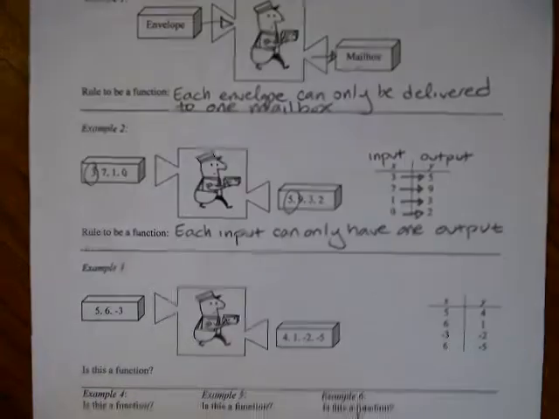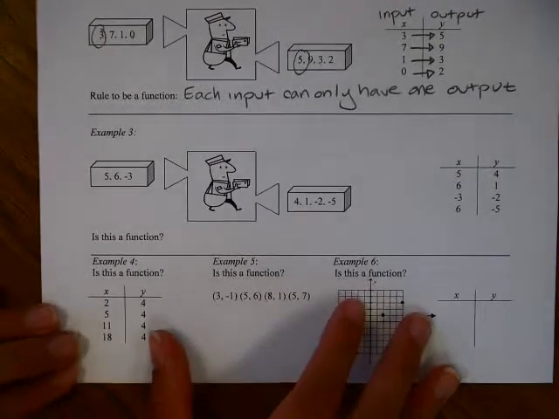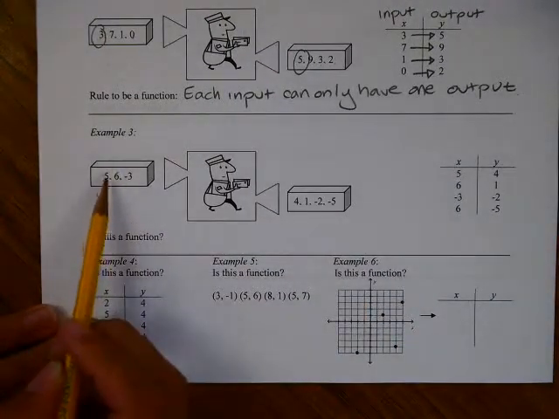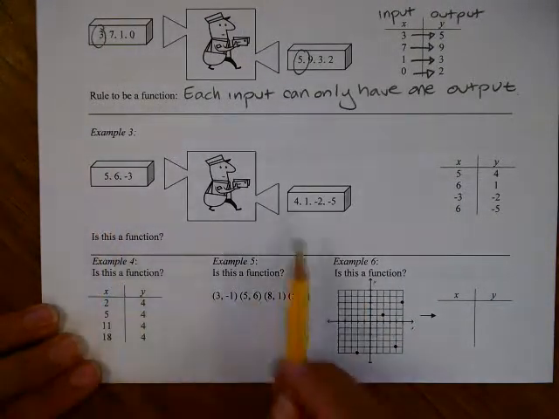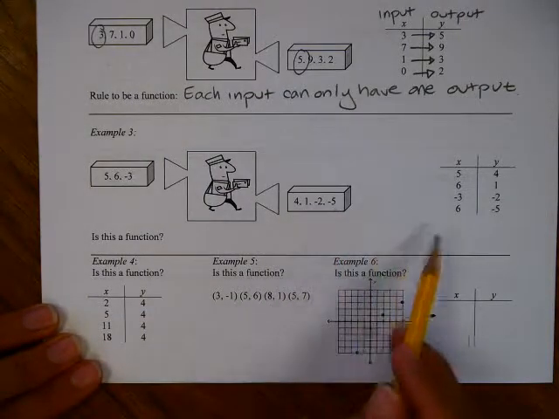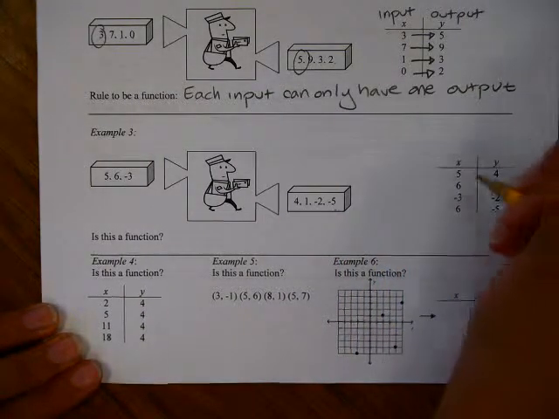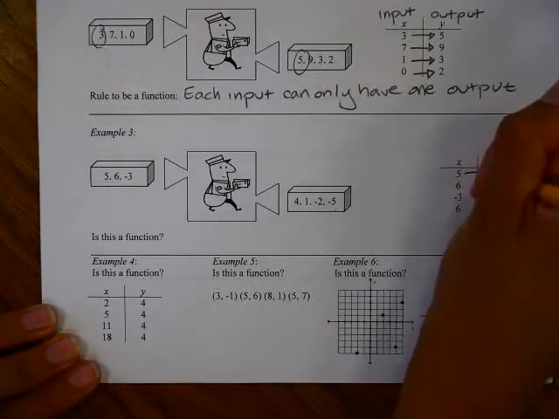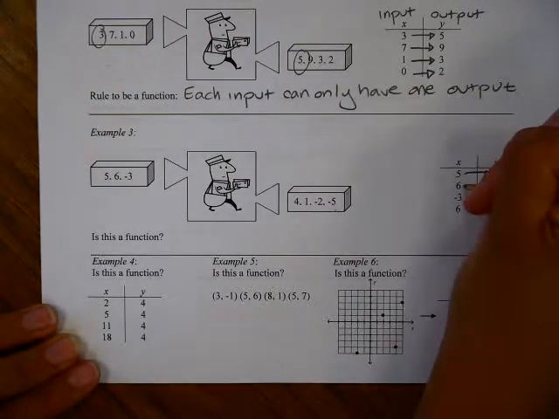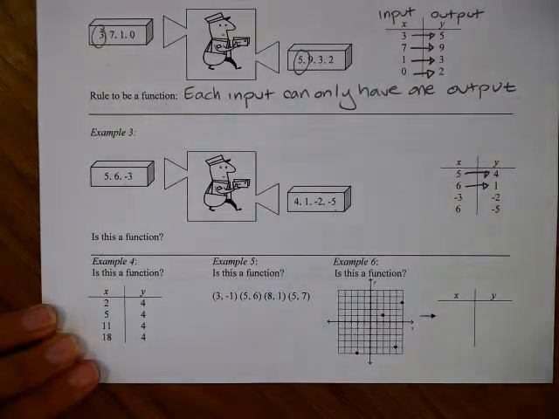Okay, let's try our next one, see if it's a function or not. We have envelopes labeled 5, 6, and -3. Here's who they're being delivered to. So let's look at our chart. 5 was delivered to mailbox 4. 6 was delivered to mailbox 1. -3 was delivered to -2.